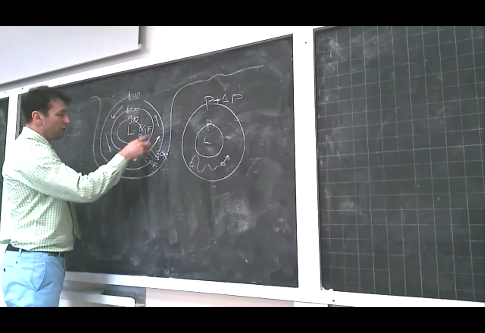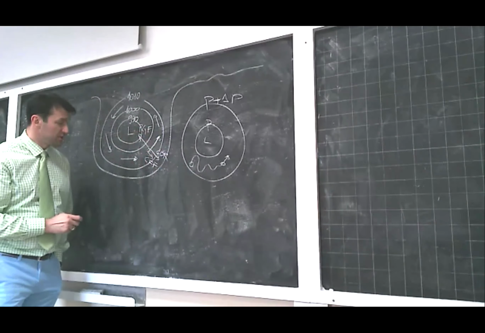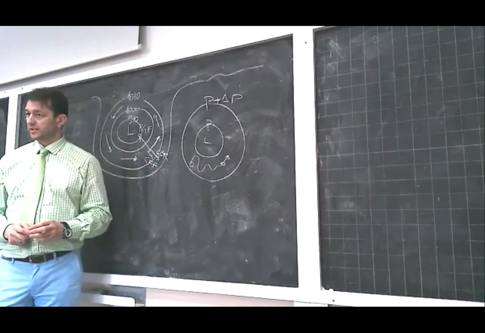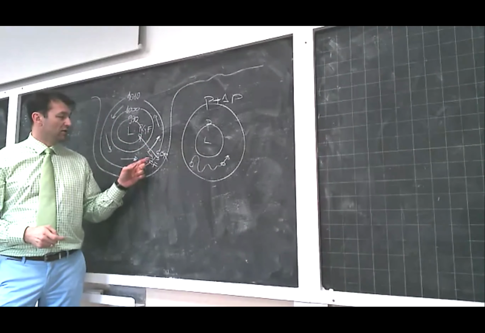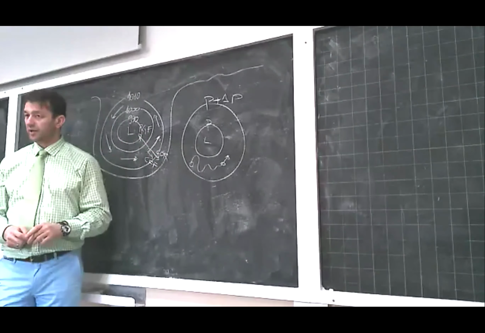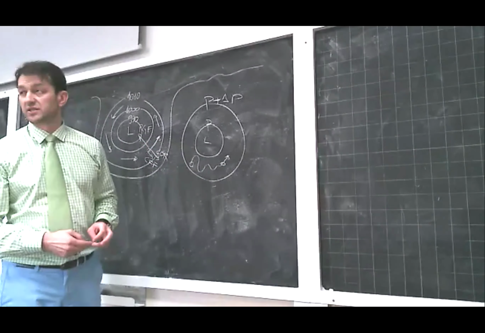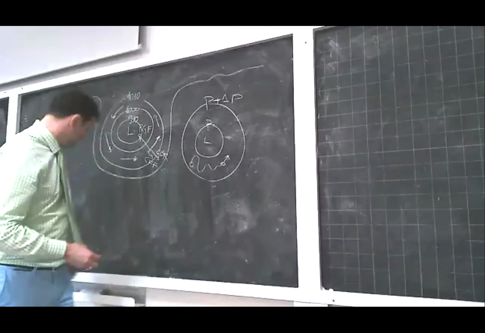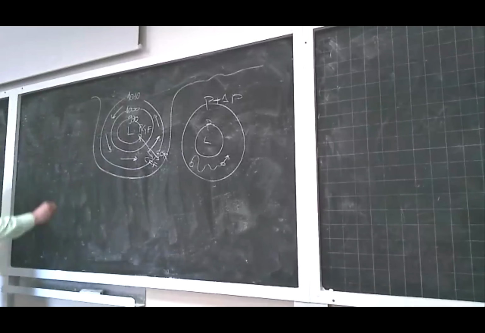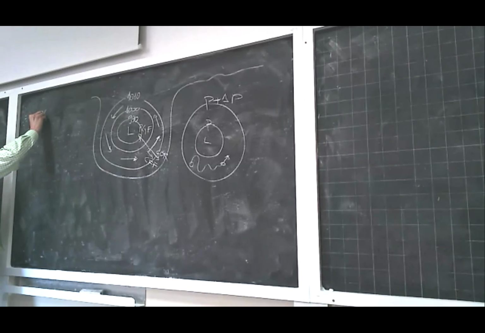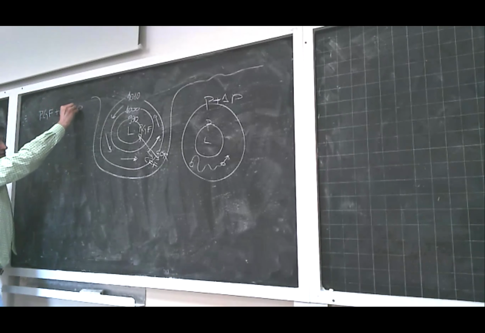So you see, we now have an equilibrium of three forces: centrifugal force, Coriolis force, and pressure gradient force. Equilibrium of these three forces is known as gradient wind. You remember from last lecture, pressure gradient force plus Coriolis force equals 0.